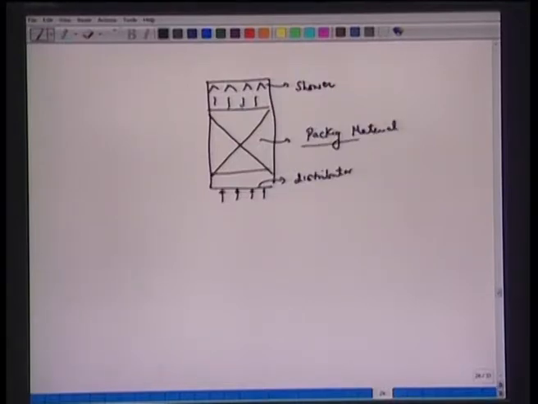which is randomly packed. All it means, if you look very carefully, suppose you have the simplest spherical beads, another bead sitting next to it, another bead sitting on top of it, another bead sitting here, the hydrodynamics is quite complex. You must appreciate that in this case hydrodynamics is complex.